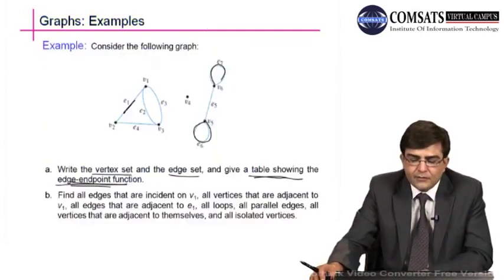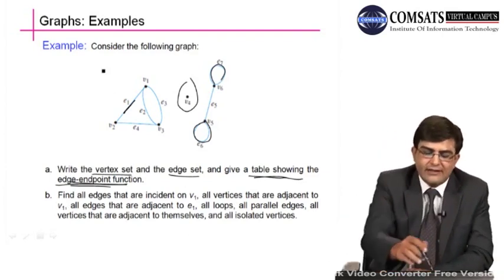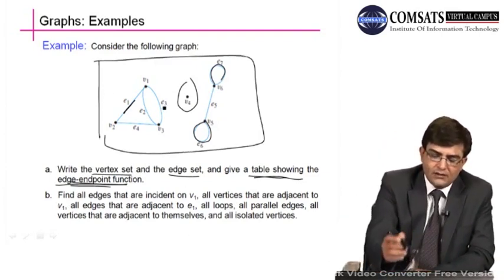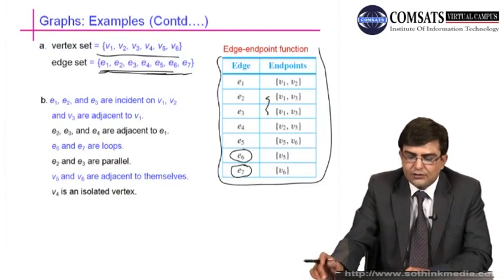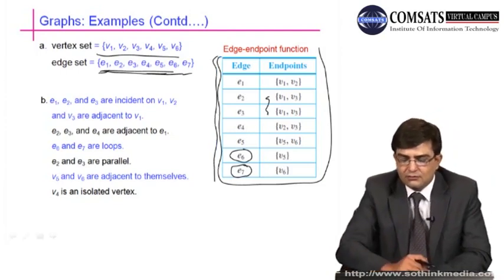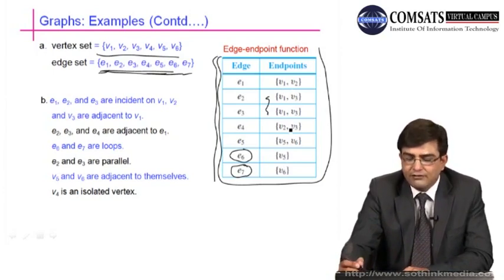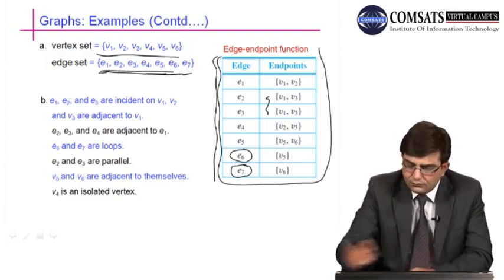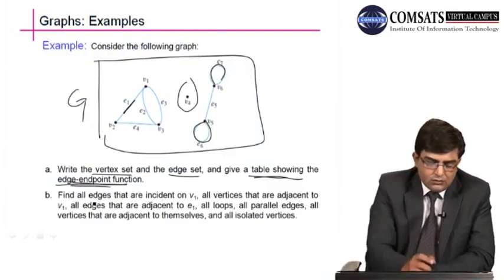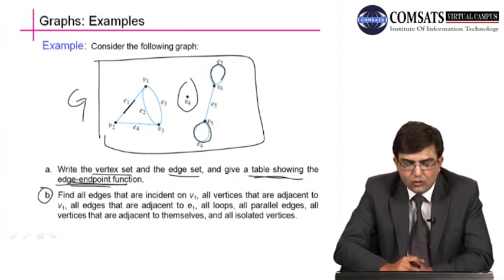Here you can see that the vertex V4, which is an isolated vertex in this graph G, does not appear in this edge endpoint function, because nowhere have we used V4. So isolated vertices do not appear in the edge endpoint function. Now in part B of this example, find all edges that are incident on V1.